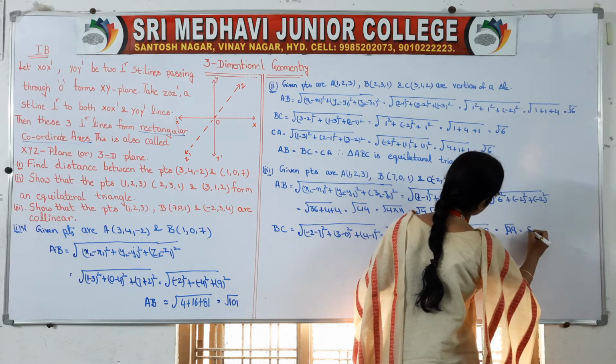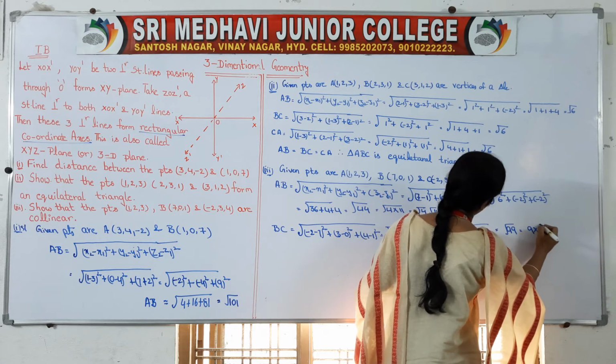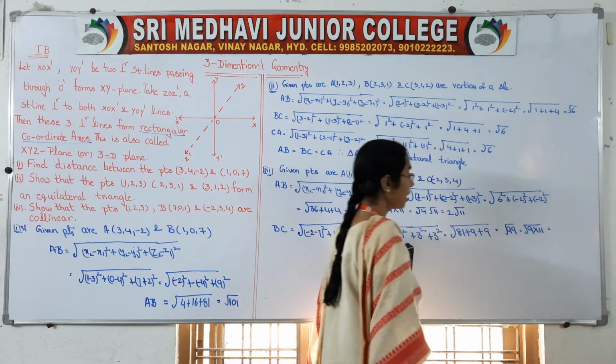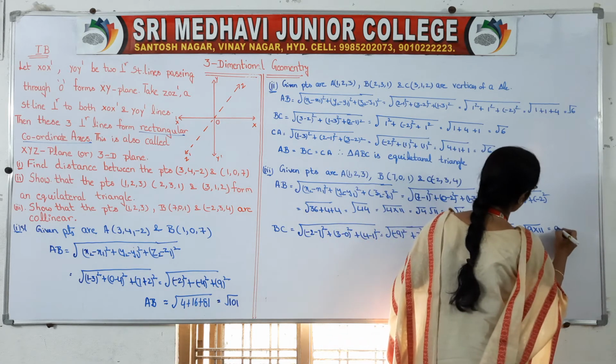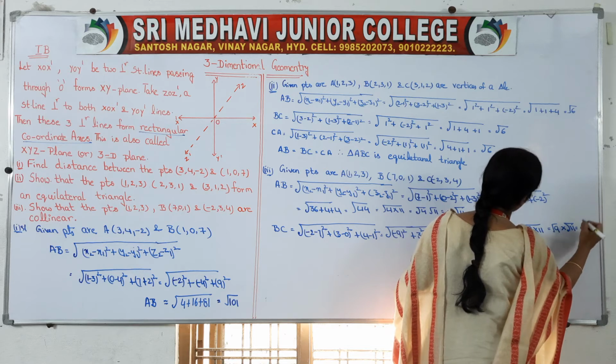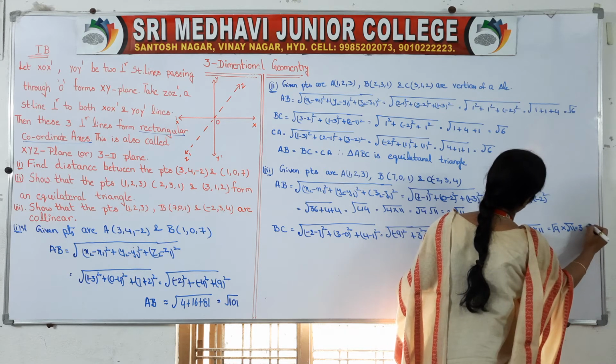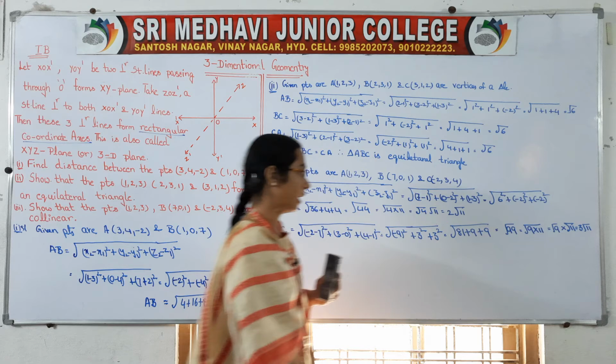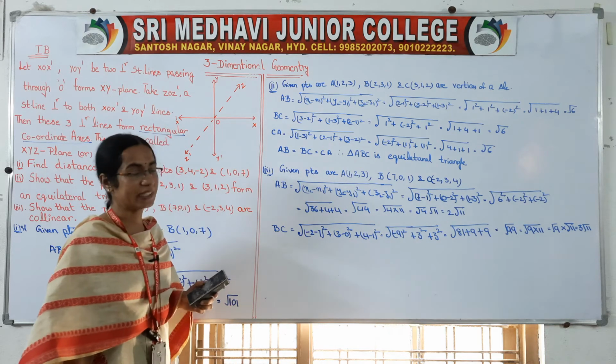How can we write this? 9 into 11. Take the roots separately: root 9 into root 11. Root 9 is 3, so 3 root 11 is your BC.